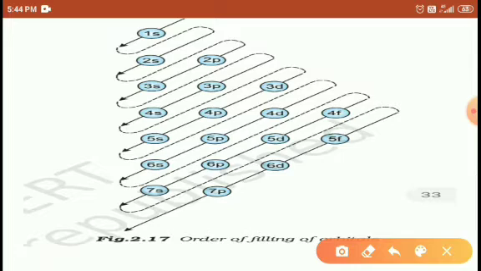In this structure, the top has 1s with the lowest energy, then 2s, 3s, 4s, 5s, 6s, 7s.